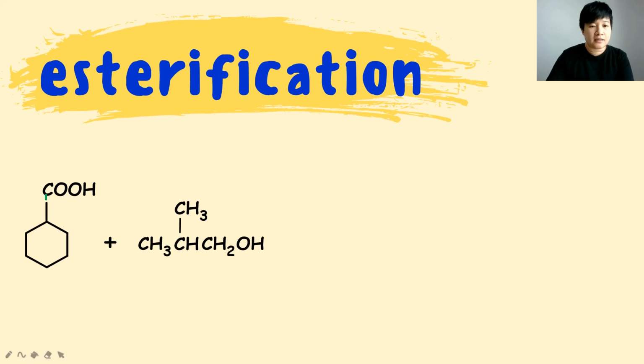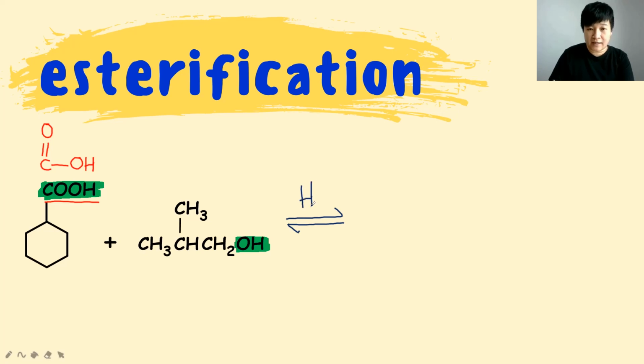So let's look at an example over here. I have my carboxylic acid. I have my OH, so make sure you expand this for a bit. Knowing that your COOH is actually your C double bond O, single bond OH. And you know that in your esterification process, you need to have the presence of your acid. And also we are going to remove water.